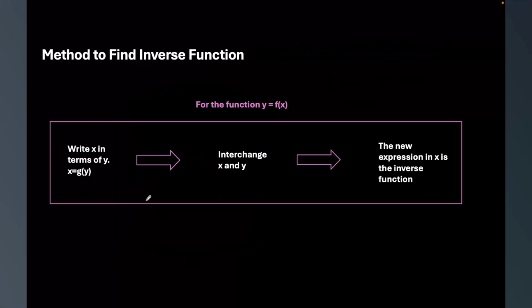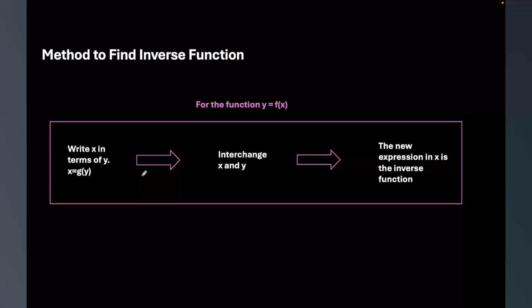Just before we get into the examples, I just want to look at the method, or I've just kind of briefed it up. Let's say we have a function y equal to f of x. We just swap x and y for each other. Wherever there is y, we put x, and wherever there is x, we put y, and we write x is equal to g of y.